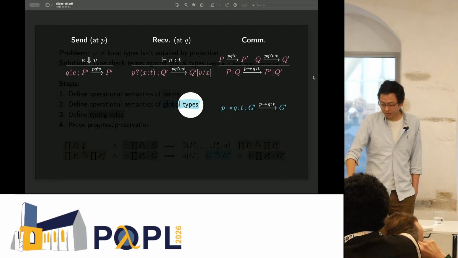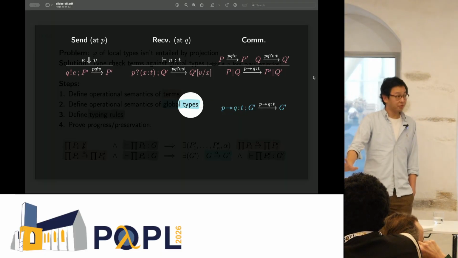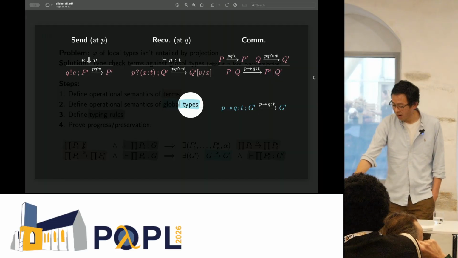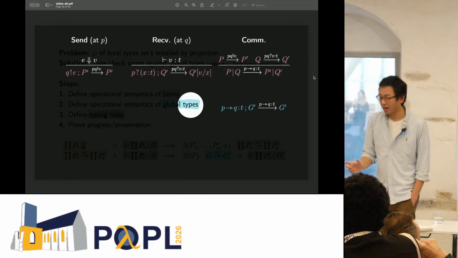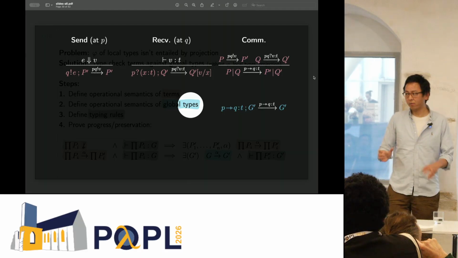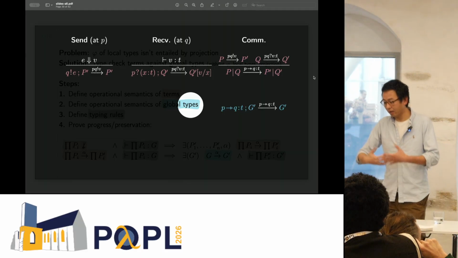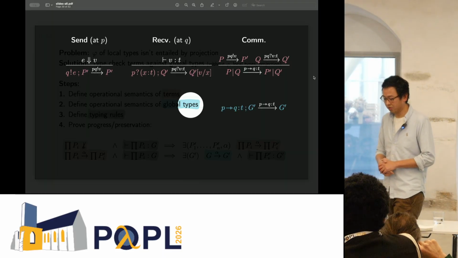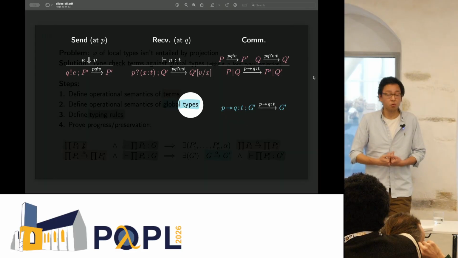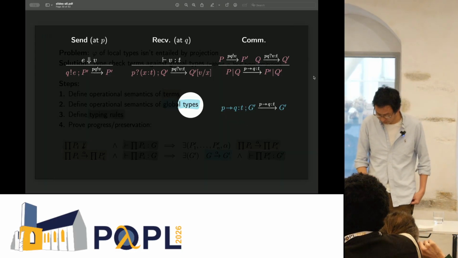What you should notice now is that the structure of this transition label for the type is the same as the structure of this transition label for the parallel composition of the terms. And this is important because in this way we can sort of link the behavior allowed by the type to the behavior actually realized by the terms, right? So this is important if we want to formalize safety, okay?